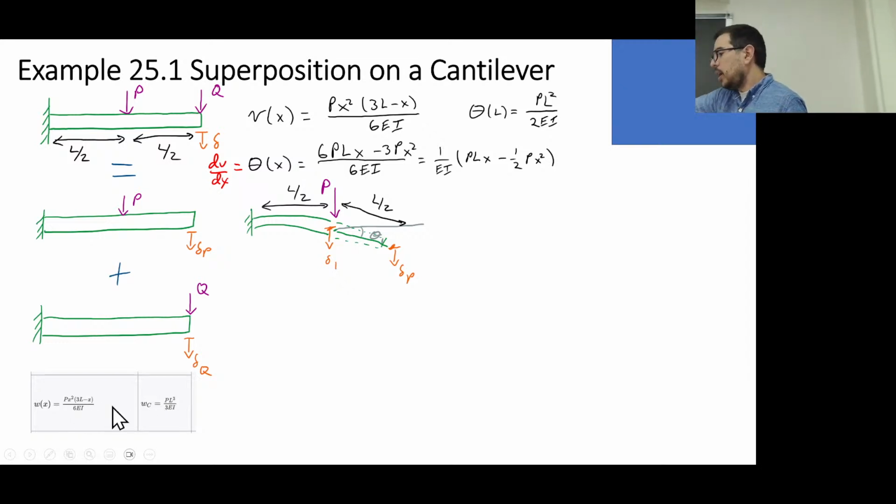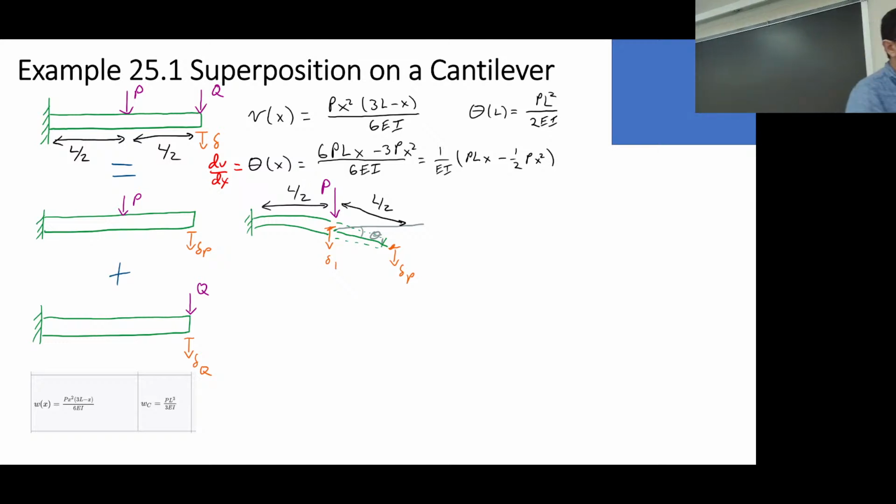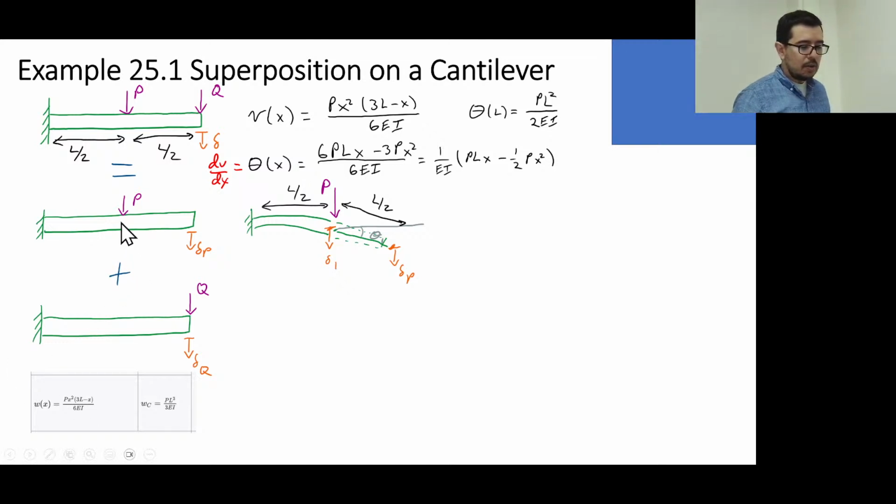That bends down, and then there's a slope coming off, and the displacement at this location is not the same as the displacement at this location. Does that make sense? Because that thing is at an angle.